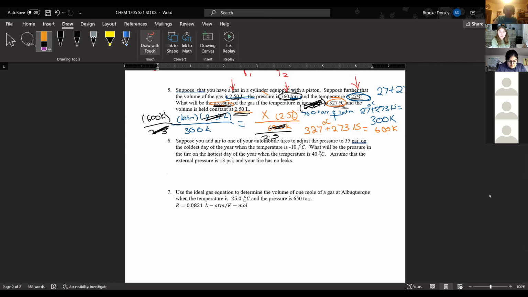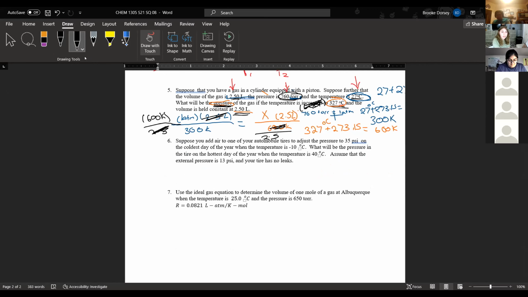Okay, so suppose you add air to one of your automobile tires to adjust the pressure to 30 psi on the coldest day of the year when the temperature is negative 10 degrees. What will the pressure be in the tire on the hottest day of the year when the temperature is 40 degrees? Assume the external pressure is 13 psi and your tire has no leaks. So, same idea that we're working with.